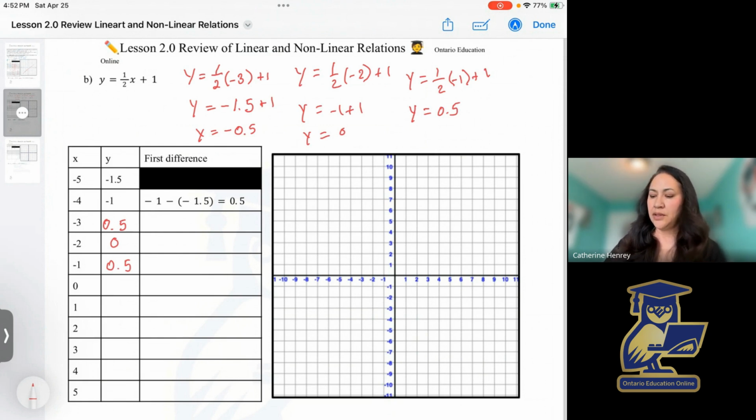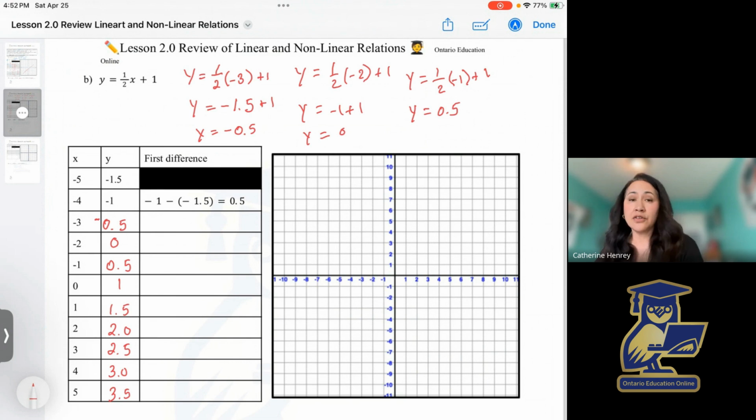And we're going to keep building from there. So sorry, for -3, that should be a negative 0.5. So we see maybe that this table is going up by a constant value. This one should be 2.5, 3, and 3.5.